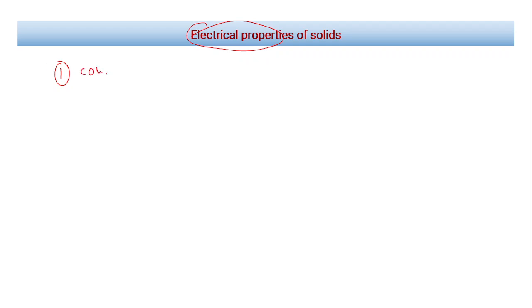One is conducting material, which we call conductor. Then we have insulating materials, called insulators. Or in general, actually, because when we say conductor, we mean it conducts, but not every material has the same conductivity. They have different ranges.